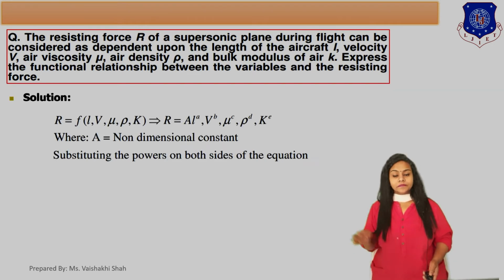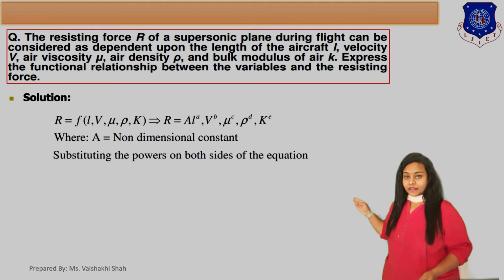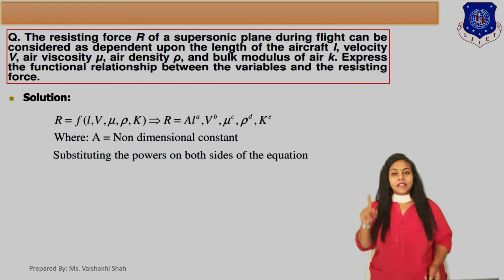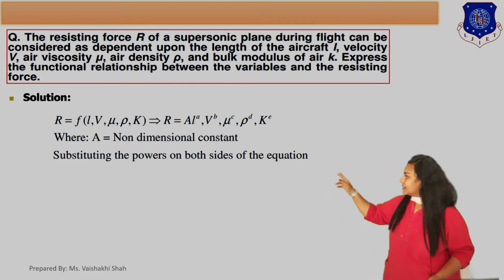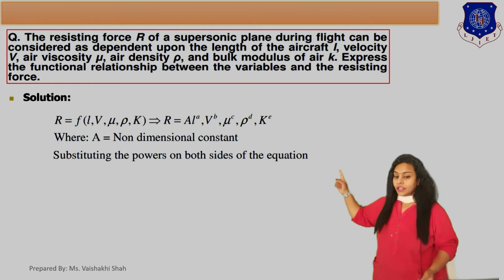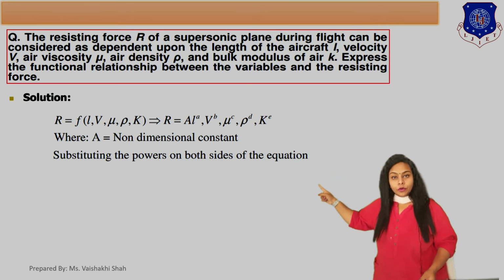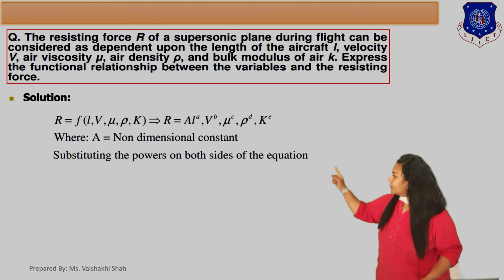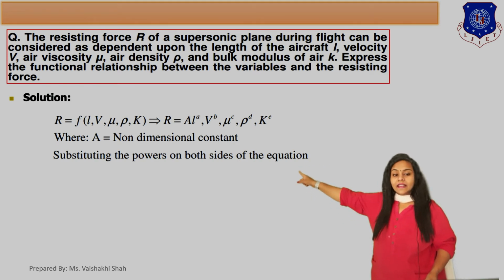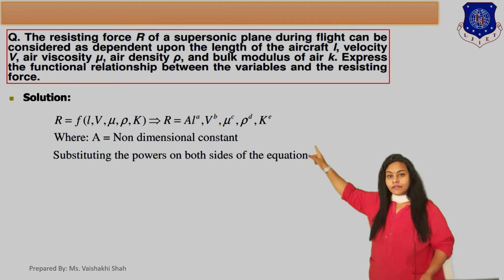So let's start. Here R is your resisting force. Now R is dependent on length, velocity, viscosity, density, and bulk modulus of elasticity. So you can write R equals function of L, V, mu, rho, K: length, velocity, viscosity, density, and K, that is bulk modulus of elasticity.